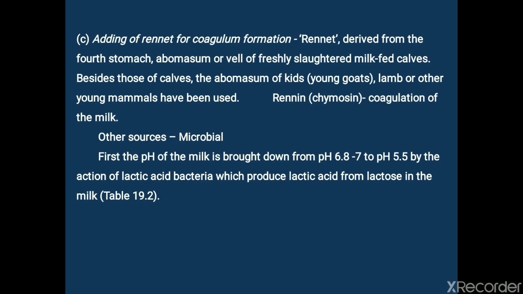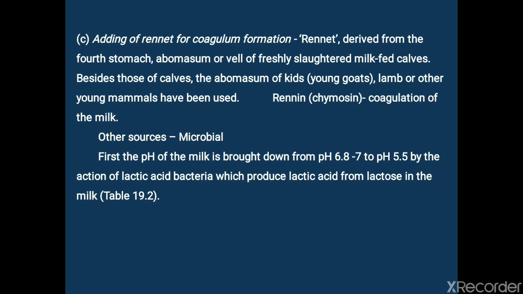Rennin is derived from the fourth stomach, abomasum, or well of freshly slaughtered milk-fed calves. Besides those of cows, the abomasum of kids, that is, young goats, lamb, or other young mammals, have been used. So, this preparation is used as a source of rennin.